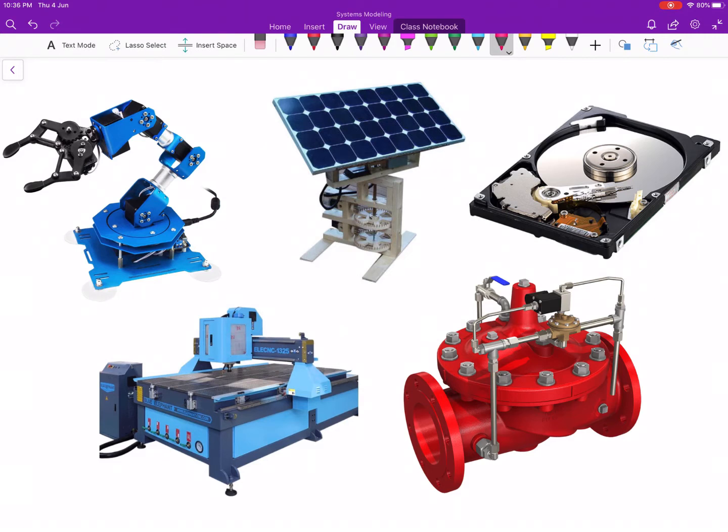It's also used for tracking systems, such as your solar tracker and other tracking systems that use a servo motor. Also used in home appliances, such as your washing machines, extractors, and also with CNC machines. Another classical application of the electromechanical system is the disk drive.